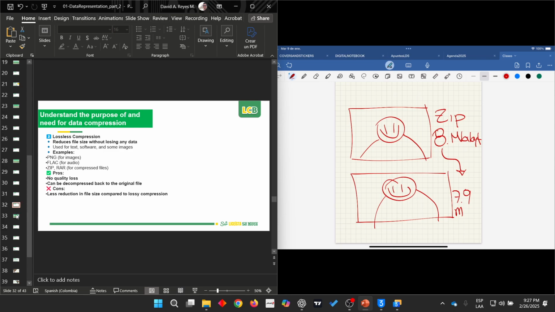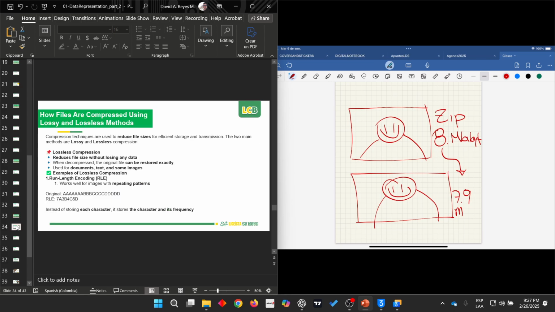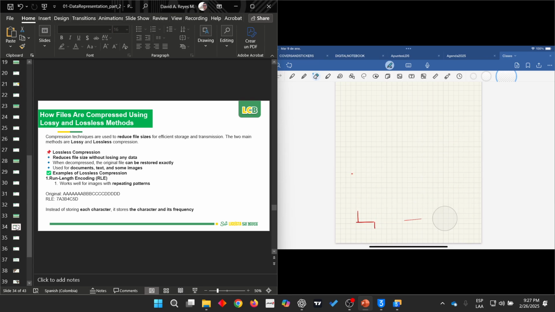Okay, let's continue. Now, understanding how files are compressed using lossy and lossless compression. As I told you, the compression is just algorithms. In the slides you have one method used to compress in lossless compression.